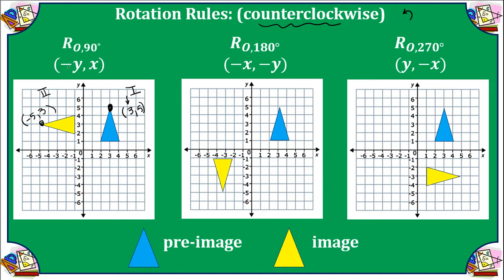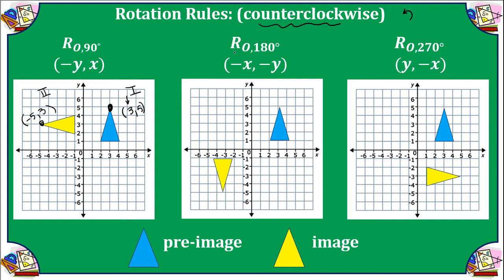Now the negative doesn't mean that it's going to be a negative value. It just means it's going to change the sign of the original value to its opposite. So you change the value of the y, and then you switch the x and y coordinate positions. So that is a rotation about the origin going 90 degrees counterclockwise.